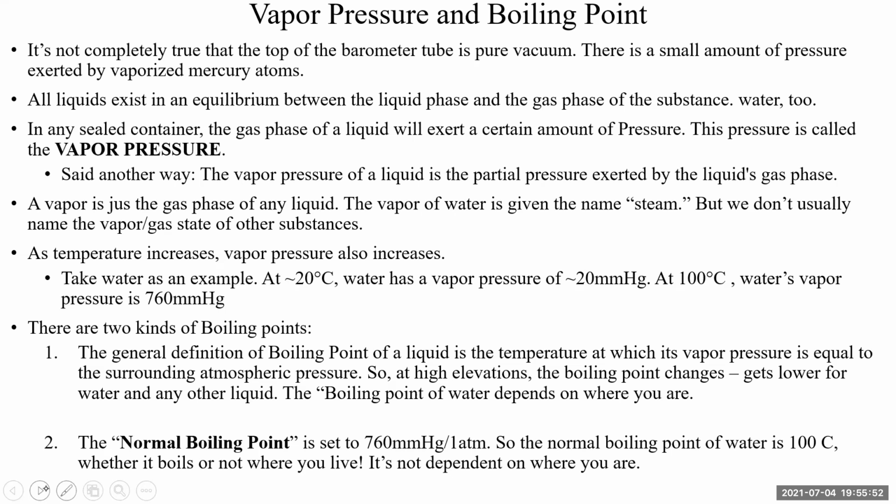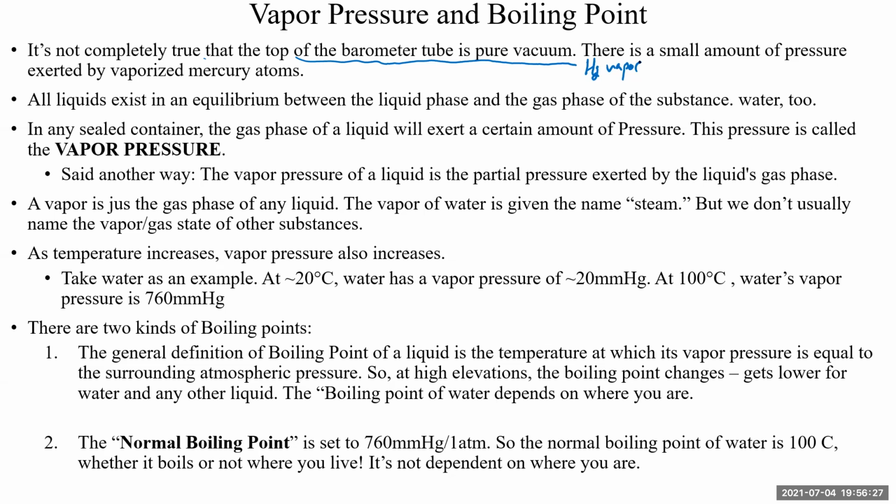So one thing I wanted to mention here, and this is related to vapor pressure, it's not completely true that the top of the barometer tube is pure vacuum. There is no pure vacuum anywhere. There's always a little bit of pressure, but in this case, there is some of what's called mercury vapor, meaning just a really, really low level of mercury atoms that have escaped from the liquid phase because of the ambient thermal energy in our world, because of the heat everywhere.